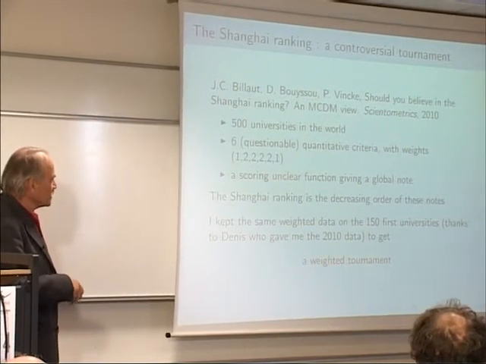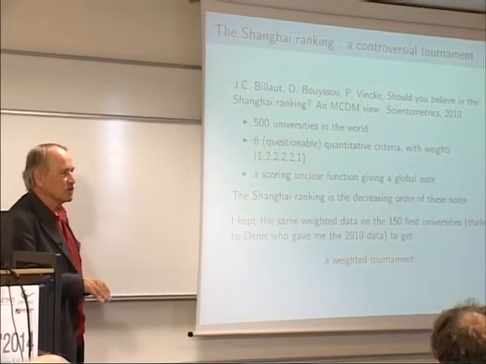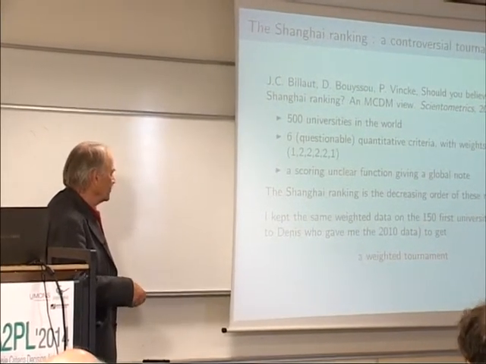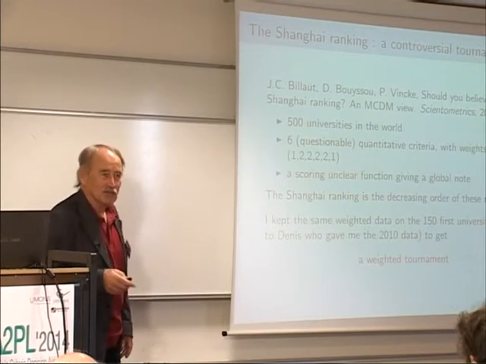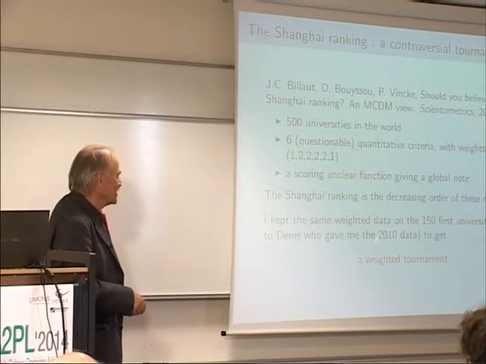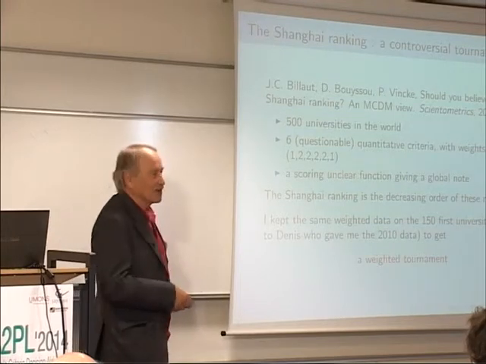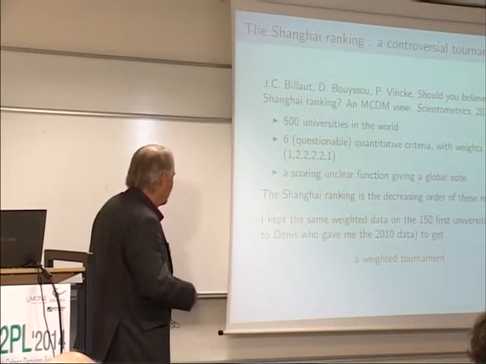So I kept the same data with the same weights, and I take only 150 universities, thanks to Denis and so on. And it is 2010, a year, because I don't have the data for a bit later.